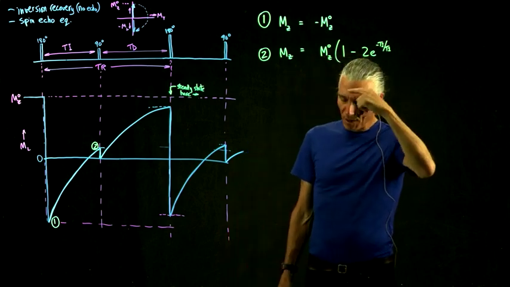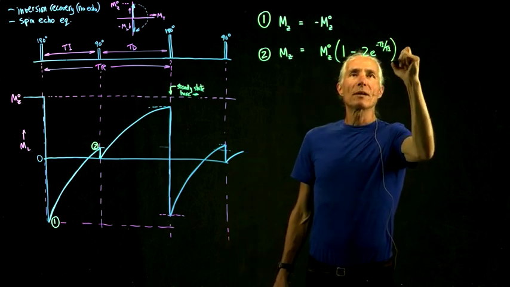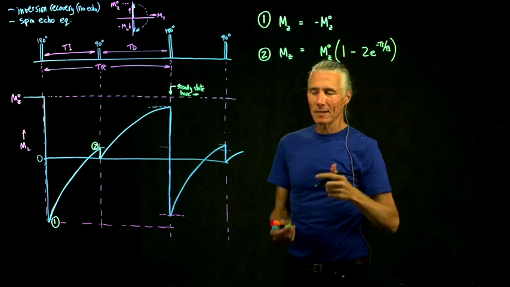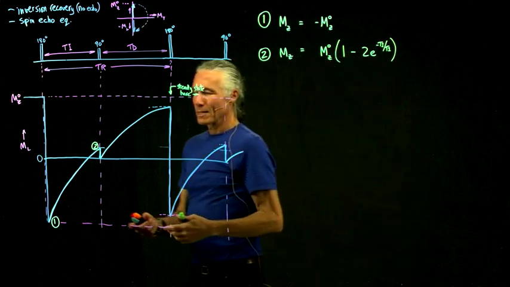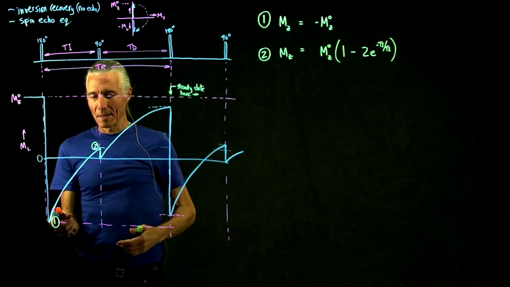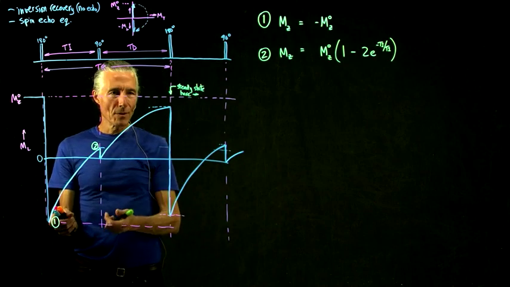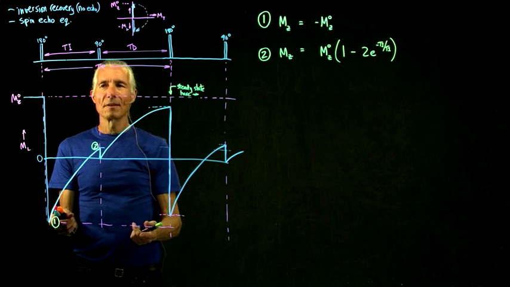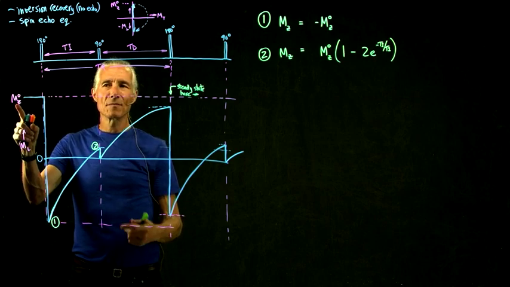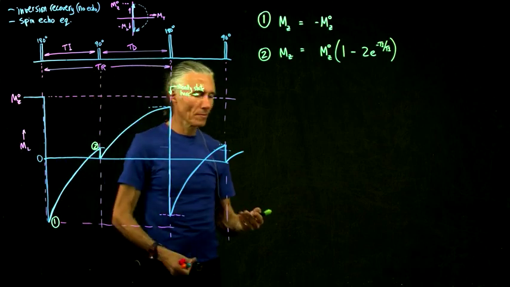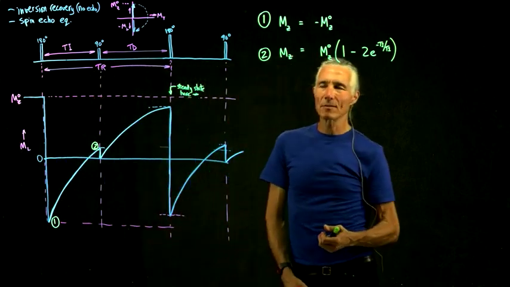So where did the 2 come from? The 2 came from the second term, because our boundary condition is that we're starting off with negative Mz0, and so we have to plug that into the second term of the Bloch equation solution.